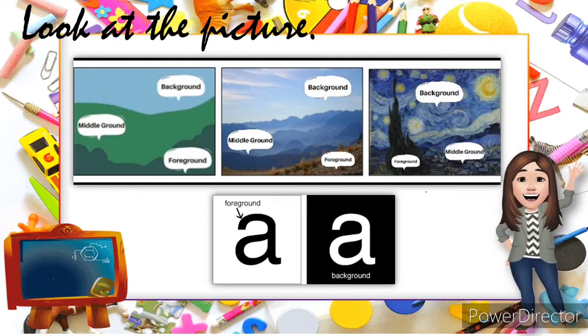Black A is considered as the foreground, since it is the object which is closer to you, while the object behind the black A is considered as the background, since this is the object which is far away from you. Is it clear to you? Very good.